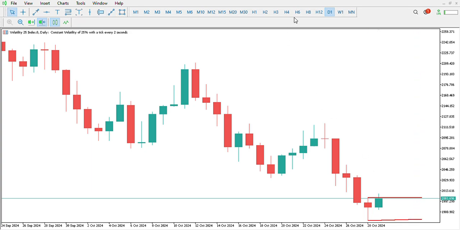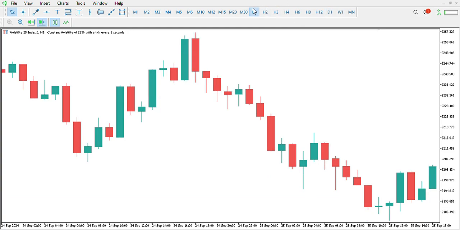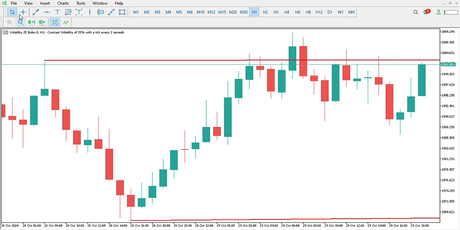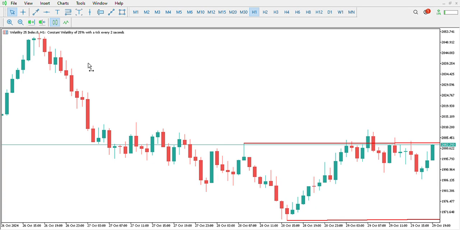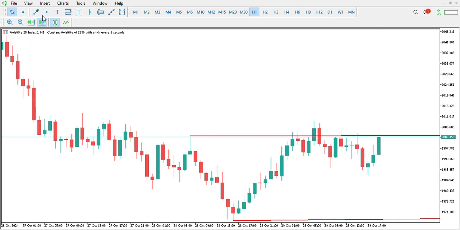Then I'll come to 1 hour. I'll try to see how the candle closed relative to the previous day candlestick. Like I'll see today the candle never closed above it. So if this candle closes above it and breaks 2 break of structure, I'll consider buying.